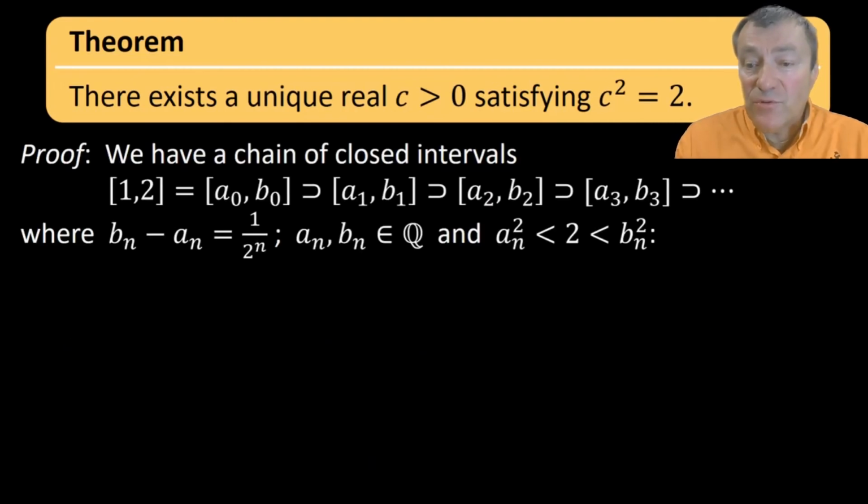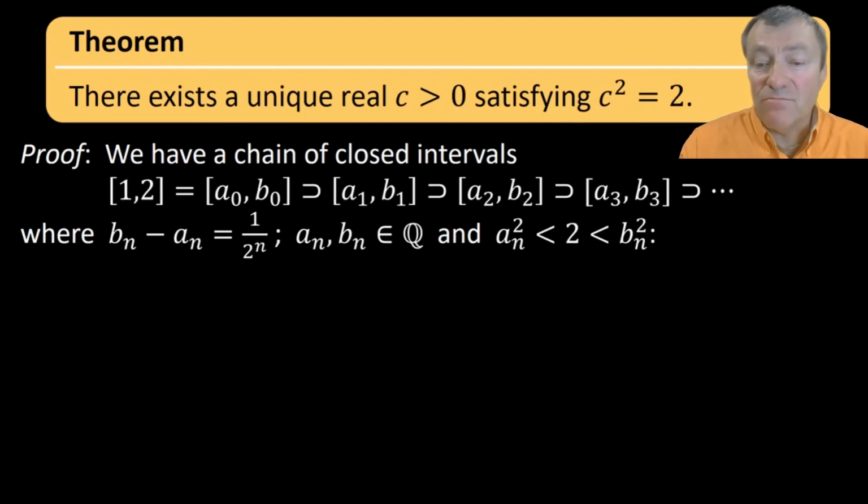So returning to our proof, let's write down a recursive description of our chain of subintervals obtained by the bisection method that we described just a moment ago. Each subinterval is half as long as the previous interval in the list. So the width of the nth subinterval must be 1/2 to the n, at least if you start at n equals 0.